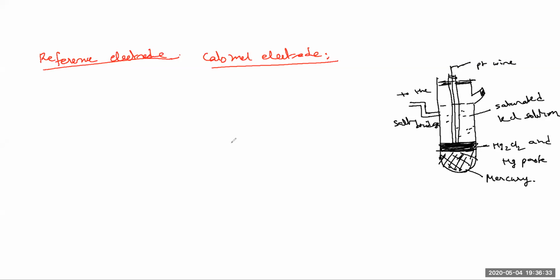So here, what is the case? This potassium chloride solution is saturated. The electrode is known as the saturated calomel electrode.